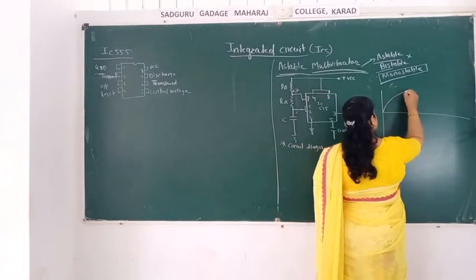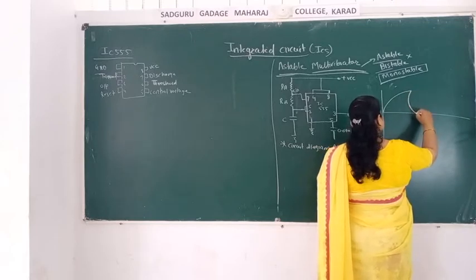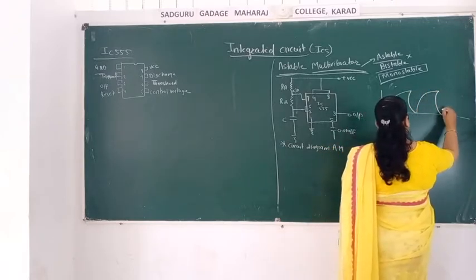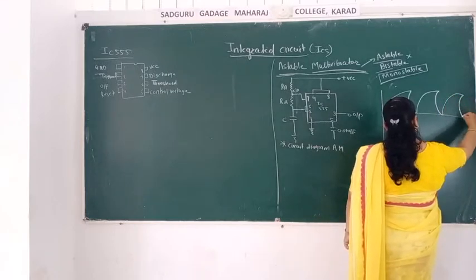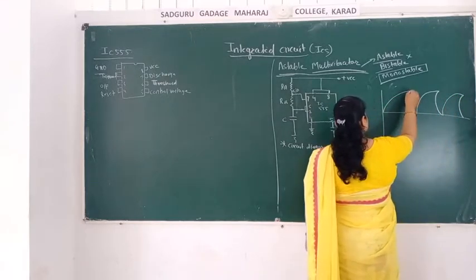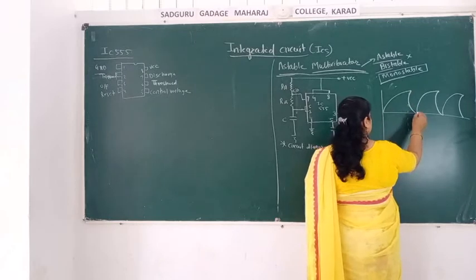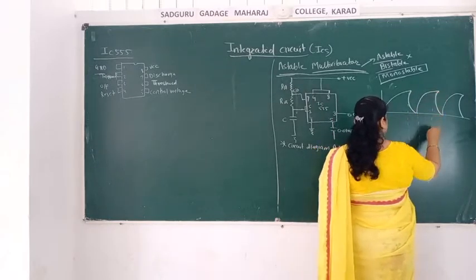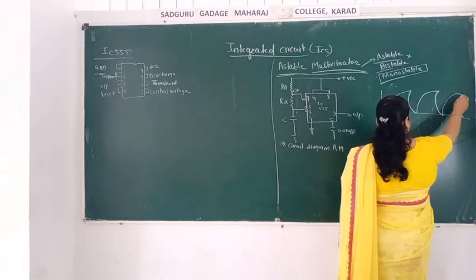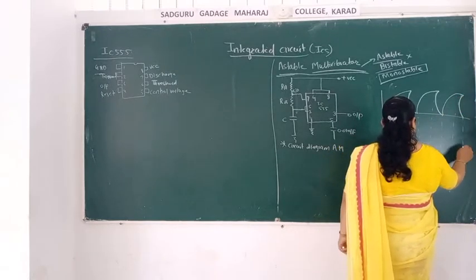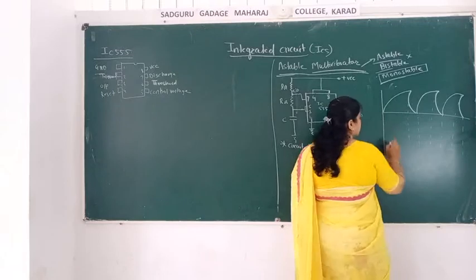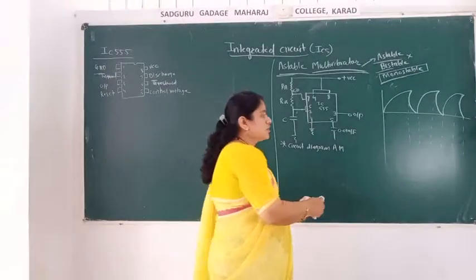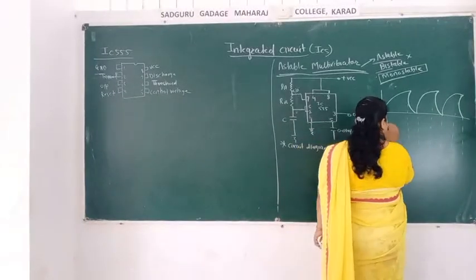So it gives a waveform like this. It is the charging of the capacitor and discharging of the capacitor. If the voltage increases, it gives the charging of the capacitor, and if it decreases, it gives the discharging of the capacitor. See, in the waveforms I have drawn it here like this.